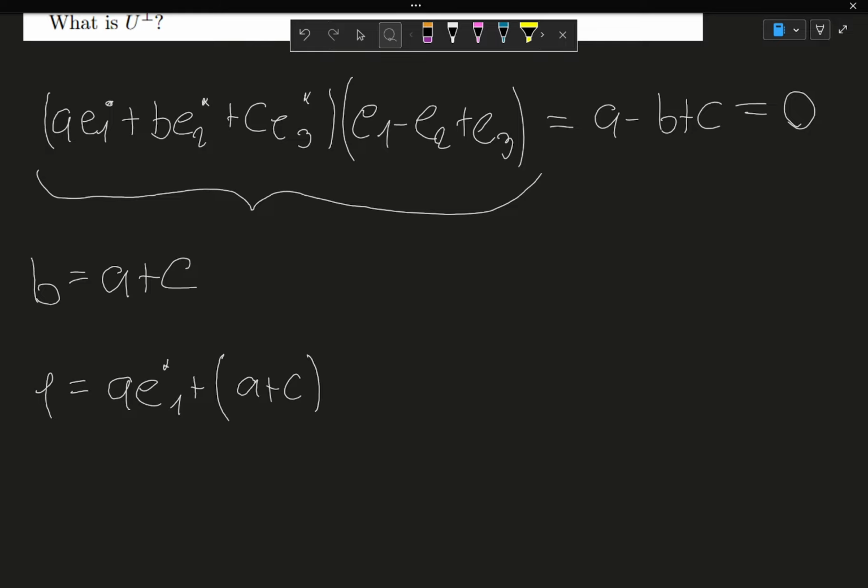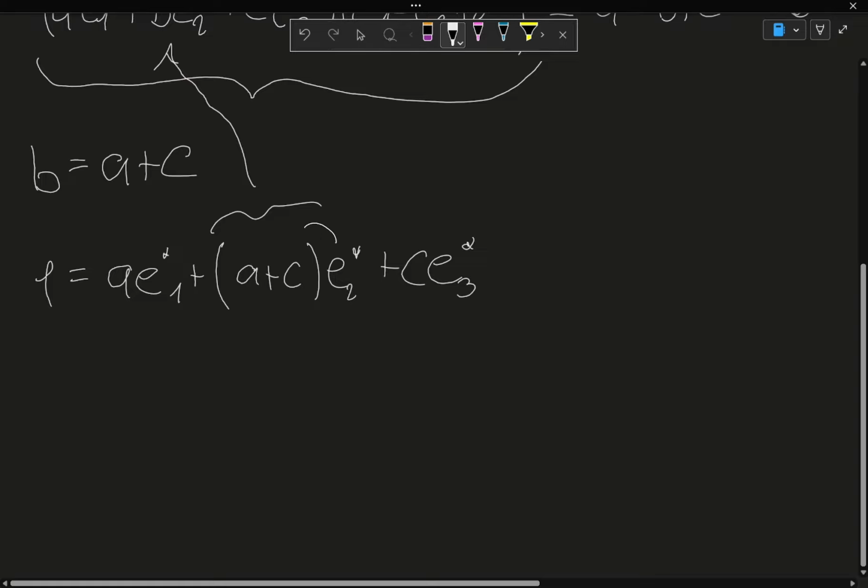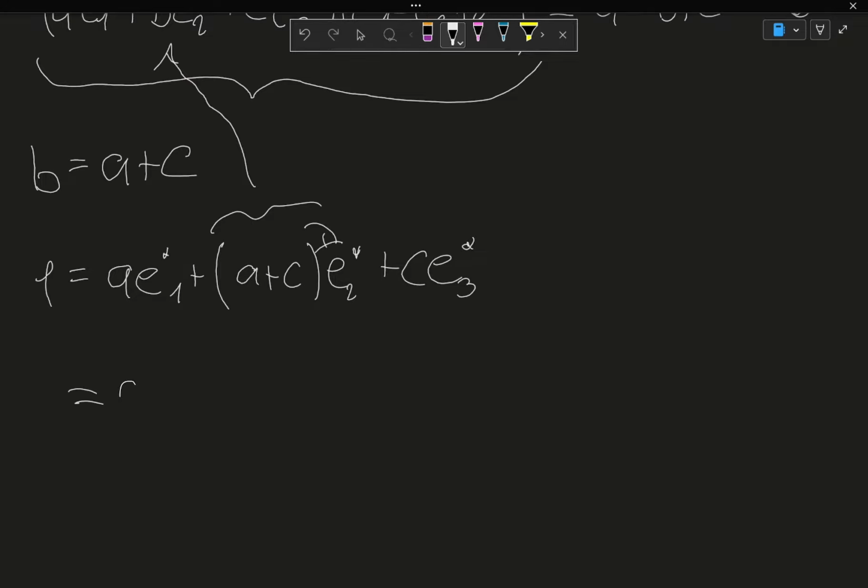Well, this was B right here, but we know that B is equal to A + C. If we multiply everything out, this can be written as A times (e1 star + e2 star) + C times (e2 star + e3 star).